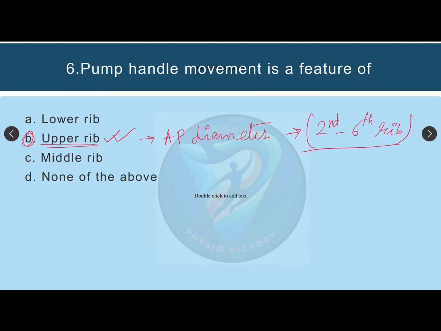During inspiration, lower rib shows bucket handle movement, which increases the transverse diameter.